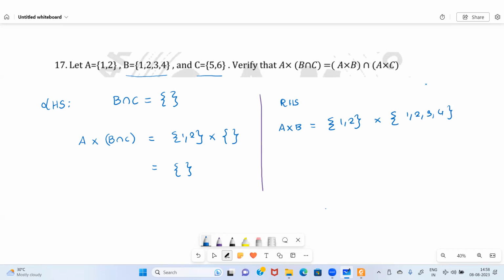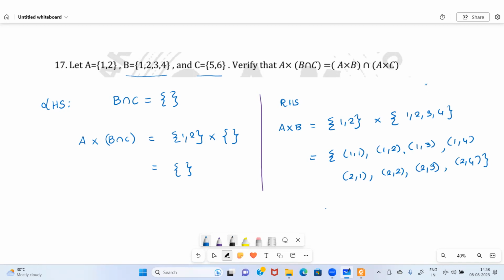There would be 8 elements. So it would be (1,1), (1,2), (1,3), (1,4). Then you go for (2,1), (2,2), (2,3), and (2,4). That is your A cross B.